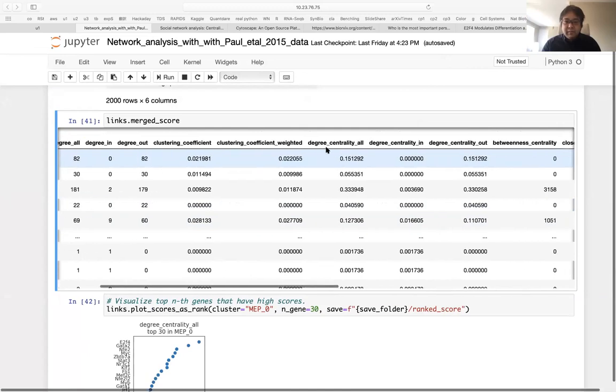here we have 3 types of degree centrality: all, degree centrality in and out. Degree centrality in means we counted the number of edges coming in from different genes.